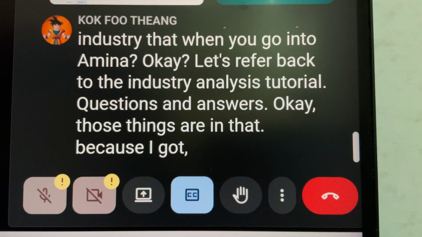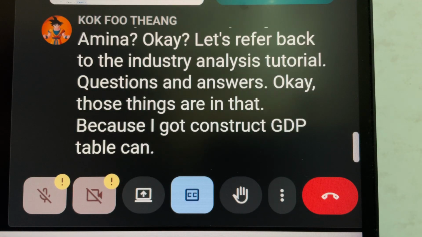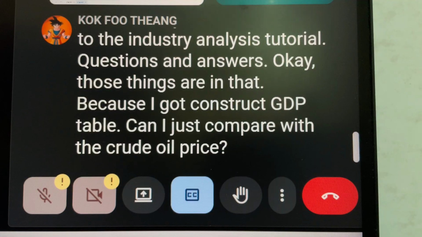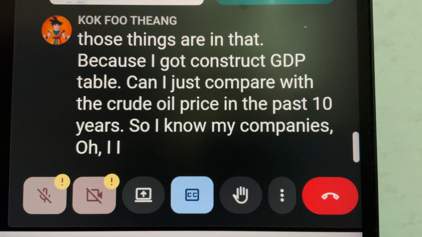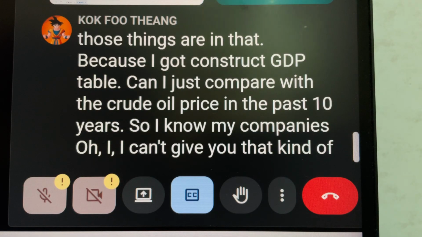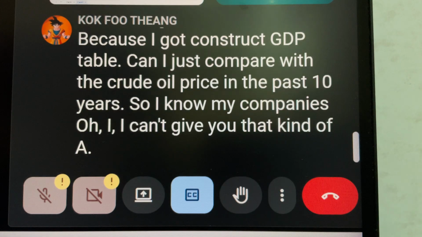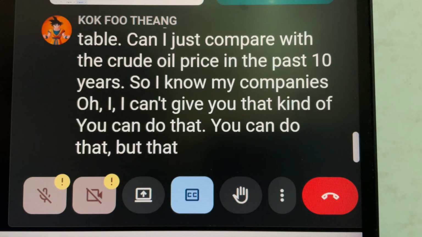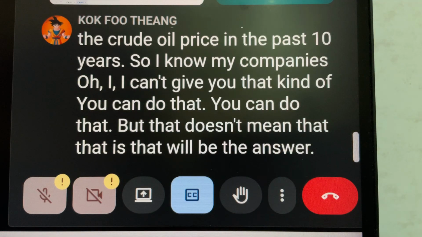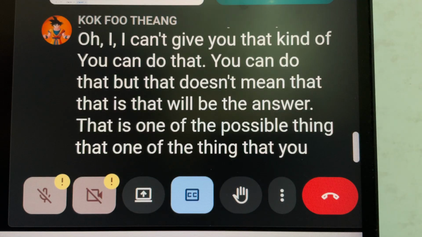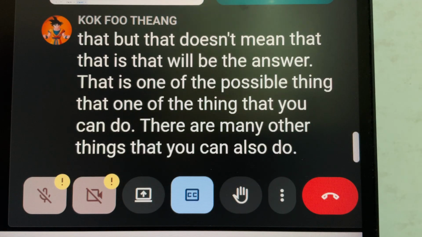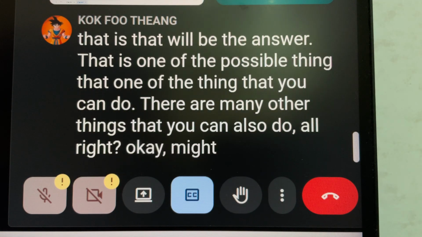I constructed a GDP table, can I just compare with the crude oil price in the past 10 years so I know my companies? You can do that, but that doesn't mean that will be the answer. That is one of the possible things you can do. There are many other things that you can also do. Might not work, don't worry.